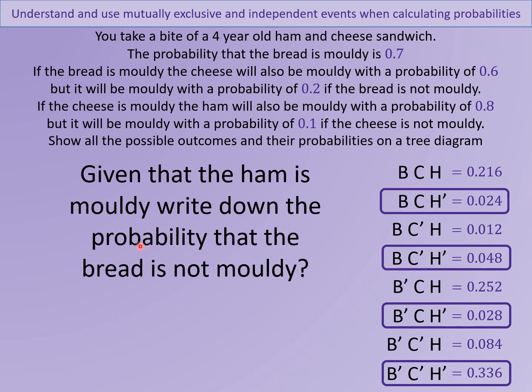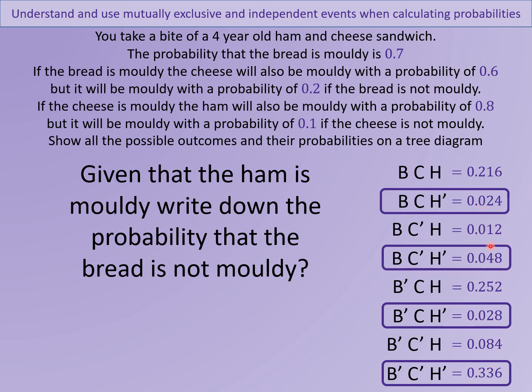What I want to know now is, can I ditch the ham because the bread's going to be okay? So which one of those, out of those 4, is the bread okay? Well, I would say it is that one and that one out of those possible 4. Right, now don't do divided by 4 because there's 4 different events. It's the probability of those 4, the probability of those. So you can add them all up. Okay, that's the probability of the ham being mouldy.